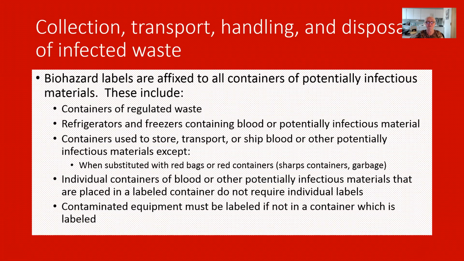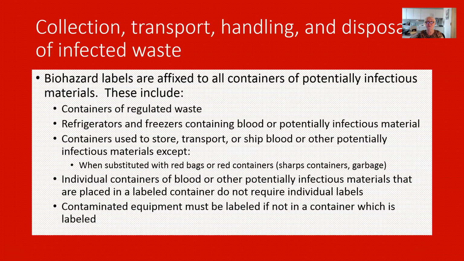Biohazard labels are affixed to all containers of potentially infectious materials. These include containers of regulated waste, refrigerators and freezers containing blood or potentially infectious material, containers used to store, transmit, or ship blood or other potentially infectious waste materials, except when substituted with red bags or red containers like sharp containers or garbage.